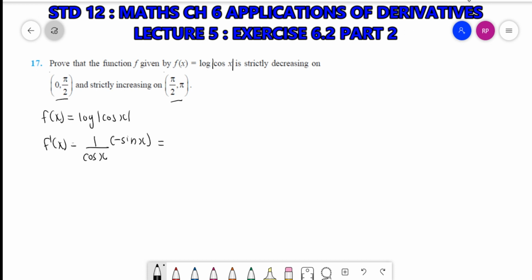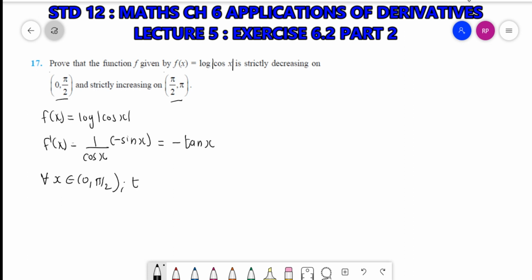So this will be equal to minus tan x. Okay, so now for every x belonging to 0 to pi by 2, tan x is greater than 0 because in the first quadrant tan is positive, right?